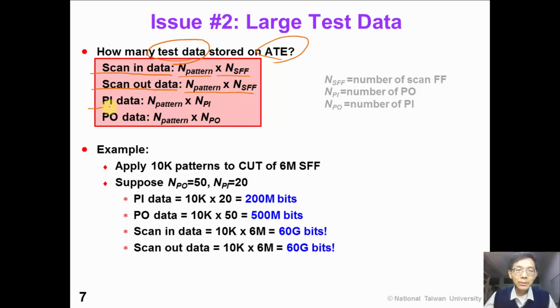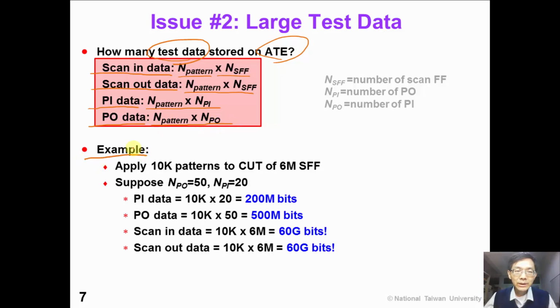The amount of primary input data is equal to the number of patterns times the number of primary inputs, and the amount of primary output data is equal to the number of test patterns times the number of primary outputs.